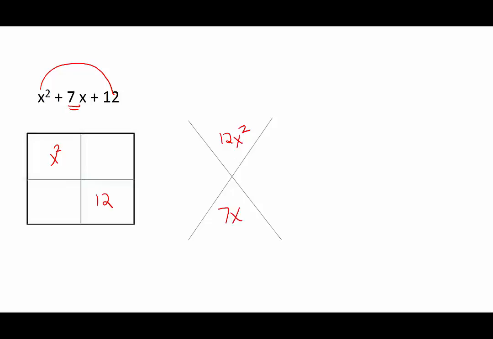So I need two numbers whose product is 12x squared and whose sum is 7x. 3x times 4x is 12x squared. 3x plus 4x is 7x. When I multiply x's, I get an exponent. When I add, I do not. So I'm going to put 3x here and 4x here.